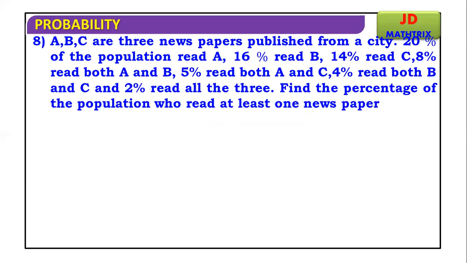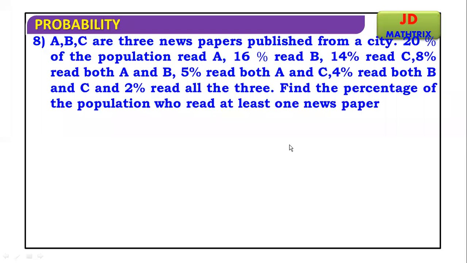Find the percentage of the population who read at least one newspaper. So this is also an important problem from an IP point of view. That is for 7 marks. Okay, let us see the solution.